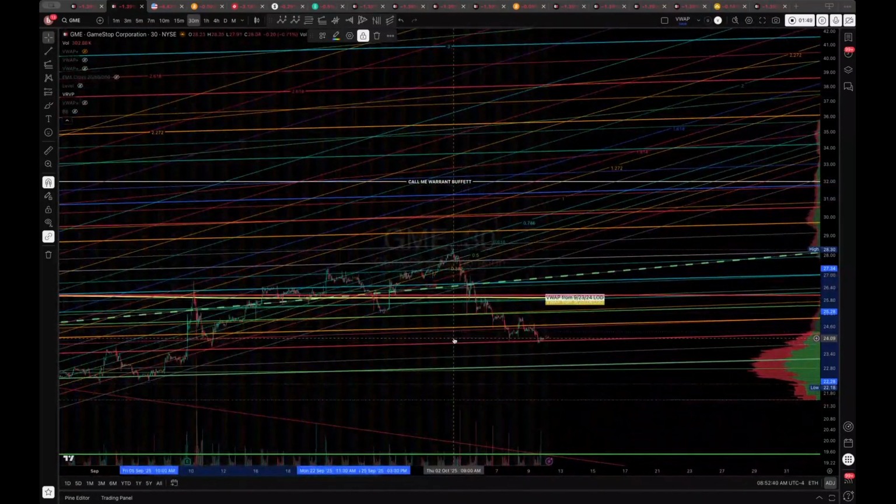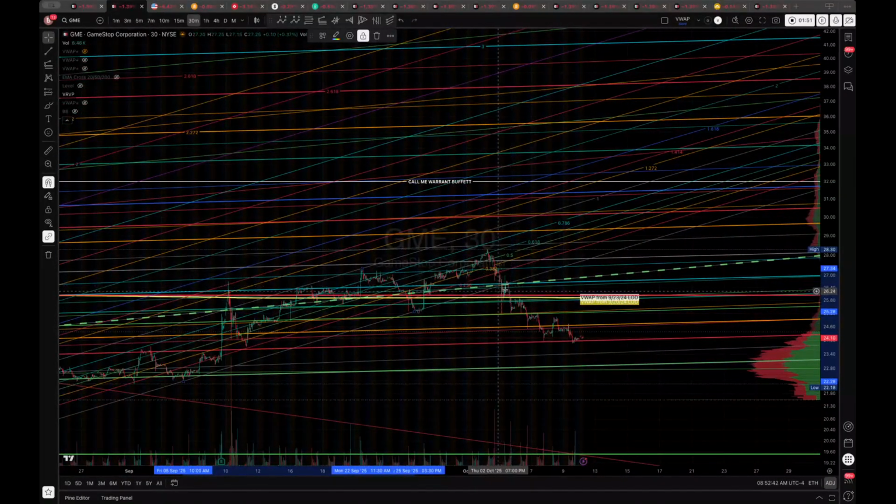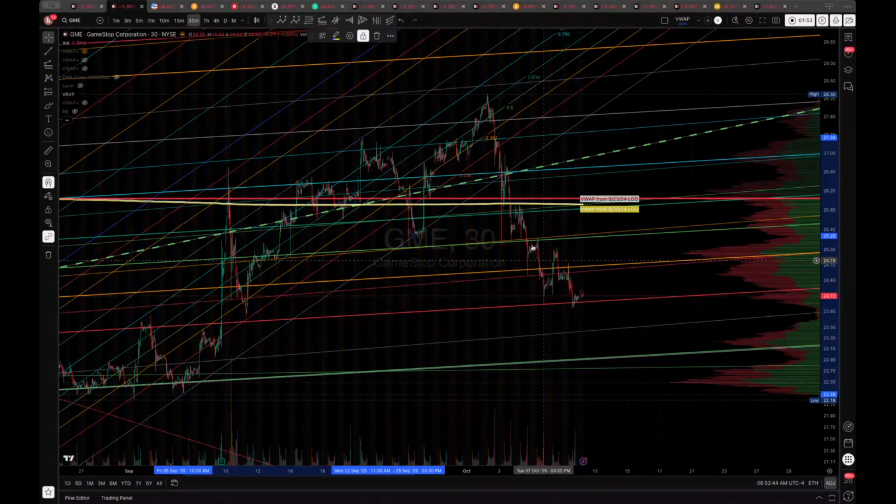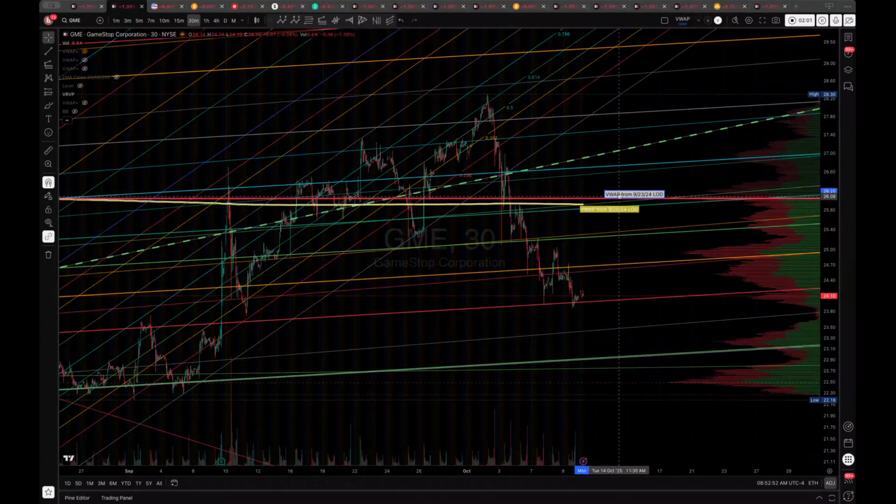Now, obviously, here in October, price has moved out of that channel, and it's still respecting several of these other lines that I've already got here, lines that I have not touched in a long time.